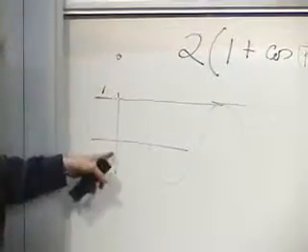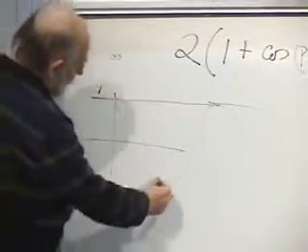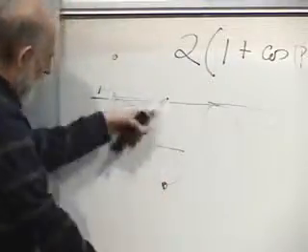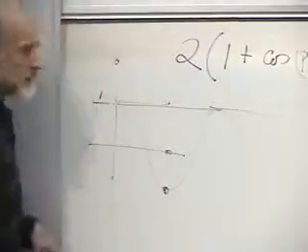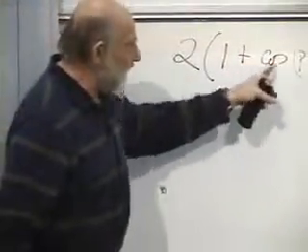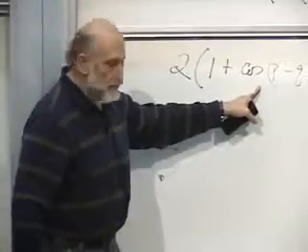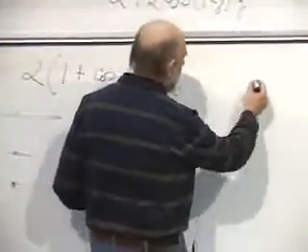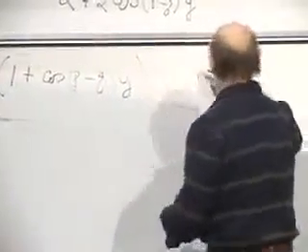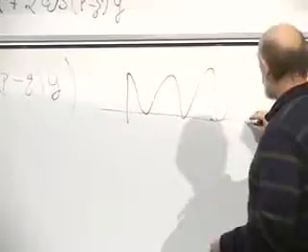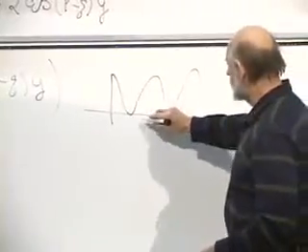They're twice as big. Where they cancel each other, where the 1 cancels the cosine, the answer is 0. In other words, there are places in this function where the answer is 0. Okay? In fact, what the sum of the two functions looks like is it looks like this. There are places where it goes to 0.